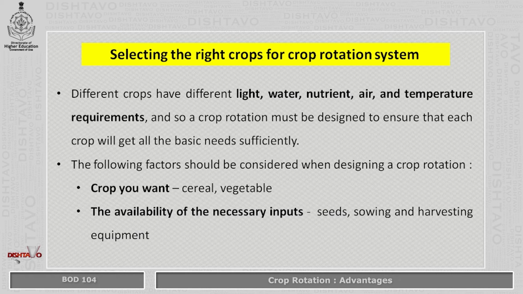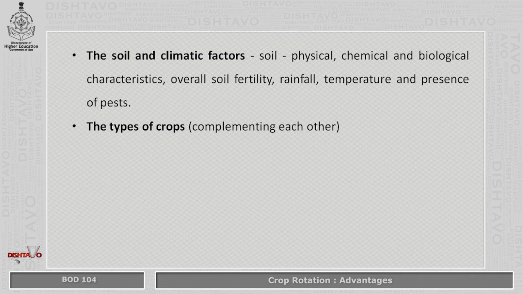Second, the availability of the necessary inputs. You have to assume all the possible conditions and then check whether you have the availability of seeds, and the equipment required for sowing, for harvesting and so on and so forth. Next, you have to study the soil and the climatic factors.